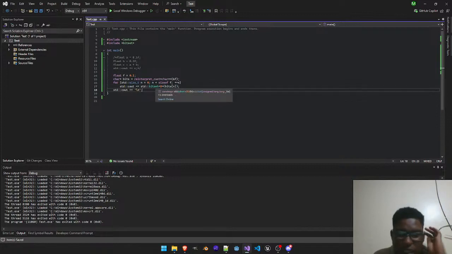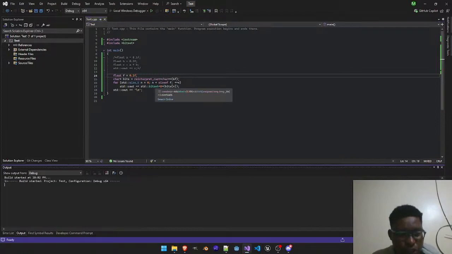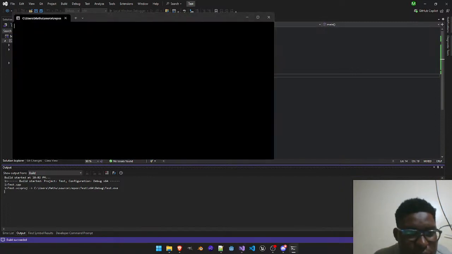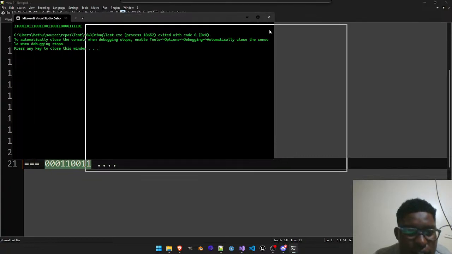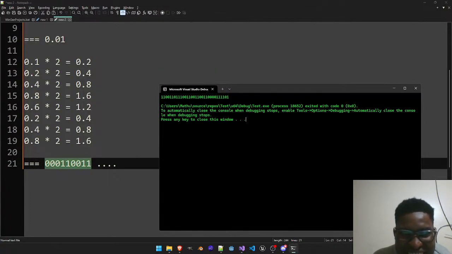What this is doing here, we are converting this float that we have here, 0.1, into the binary value that is now stored in our machine. Let's see what it will print out. This is interesting. Look at this.